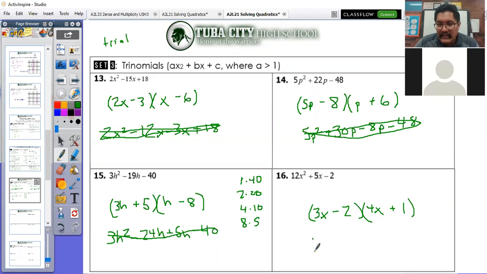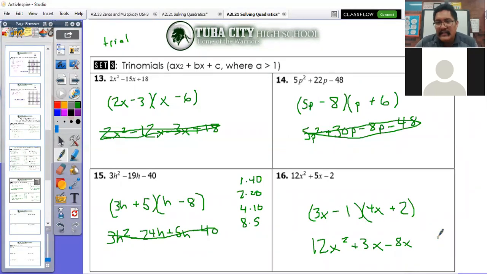3x times 4x is 12x squared. And the square is going to go there too. So this would be 3x minus 8x. So that's not going to work out. So that means we're going to have to try something else. Let's switch these numbers here. So that's 1 and 2.